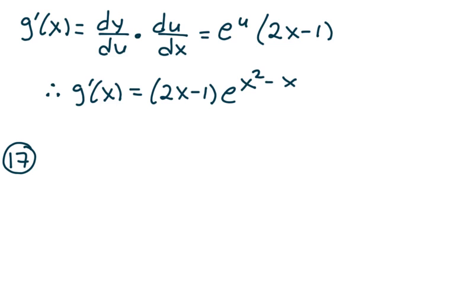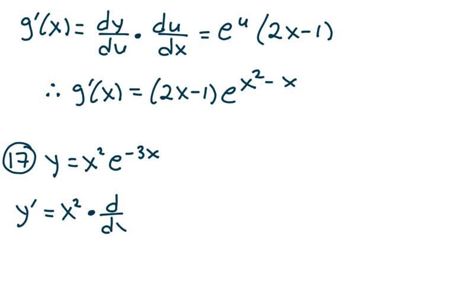Suppose y equals x squared e to the negative 3x. Now, this is a classic product rule problem. And so if I want y prime, I'm going to get the first function, which is x squared. I'm going to multiply by the derivative of the second function with respect to x.